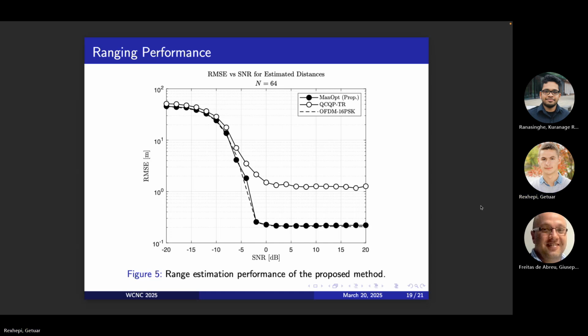Now with this, we have shown that even though we lost maybe half a dB in PAPR performance, we have a huge gain both in terms of range estimation and autocorrelation properties, which are both very good indicators of sensing performance.